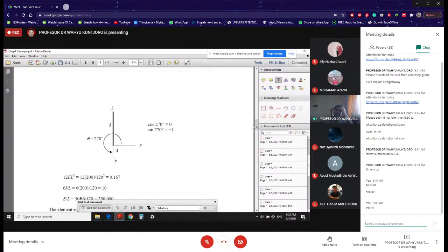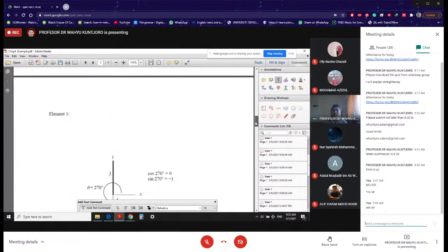So your answer should be based on global coordinate, not local coordinate, except, of course, you need to find the local positive x-axis first, because you need to calculate theta, the sine and cosine of theta. All right. So with that, we finish this example of frame.